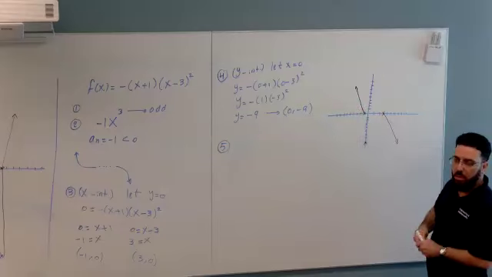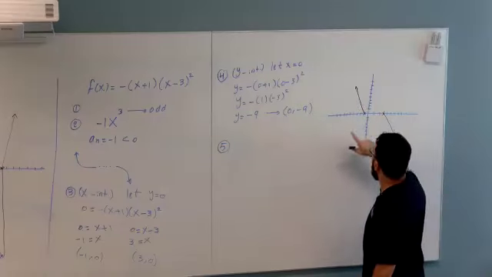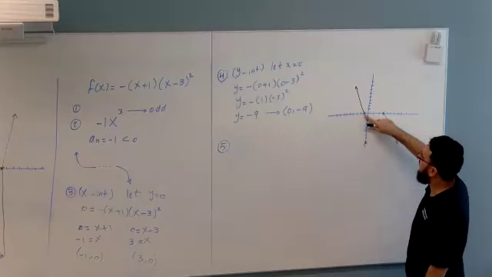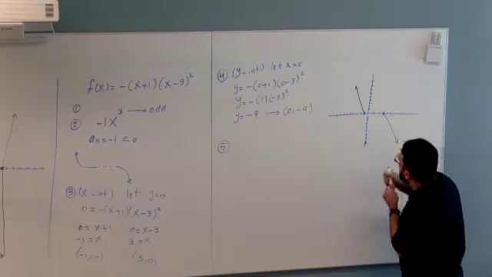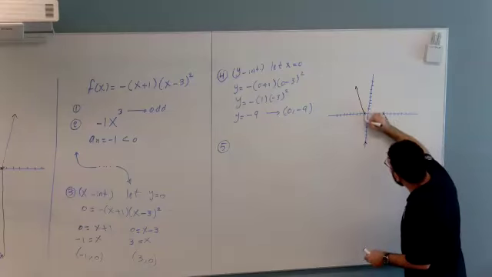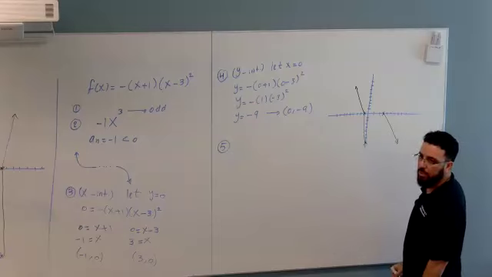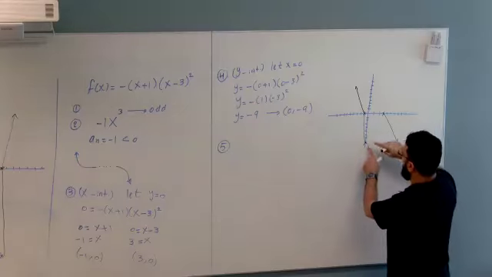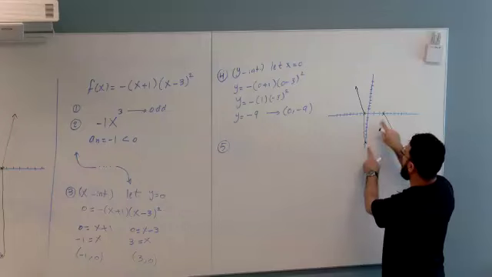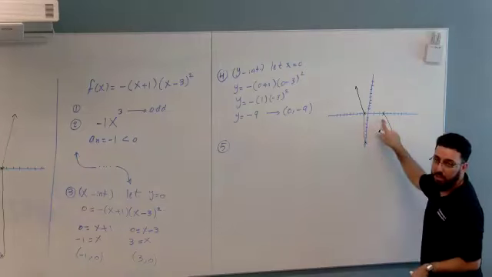Now let's check here. Tell me, at this point, does the graph cross or touch? It's a cross, so it's gonna cross here, goes where? To the y-intercept. Then goes back where? At this point, does the graph cross or touch? Touch.